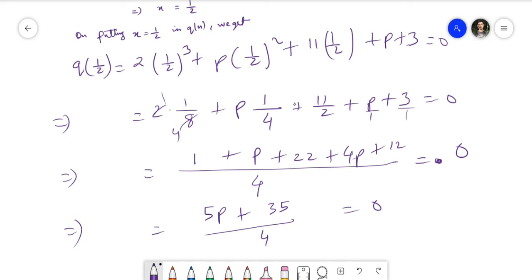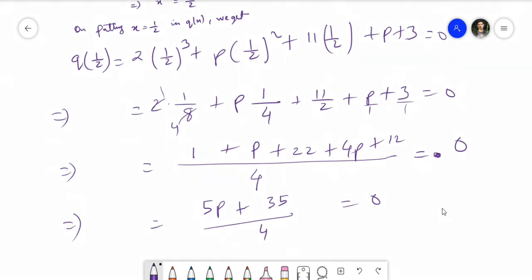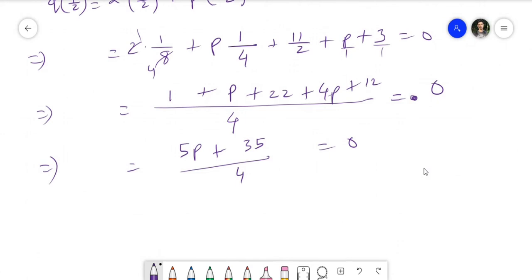Otherwise you can skip this one, and then you can write like this also. You can write q of 1 by 2 over here. If you don't write this one, just leave it. You got this one.